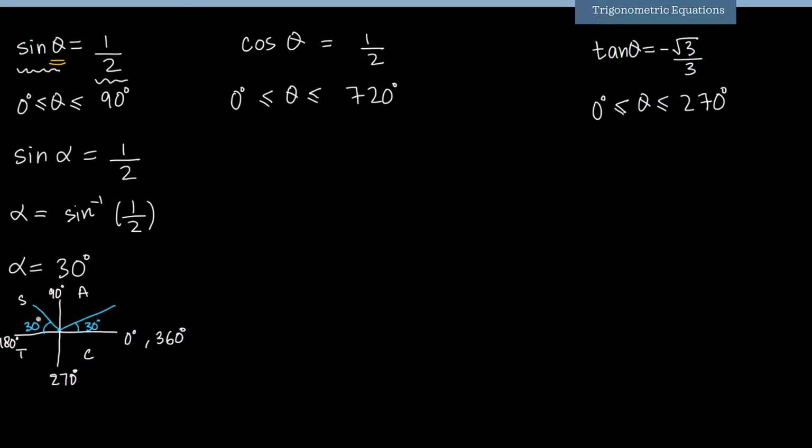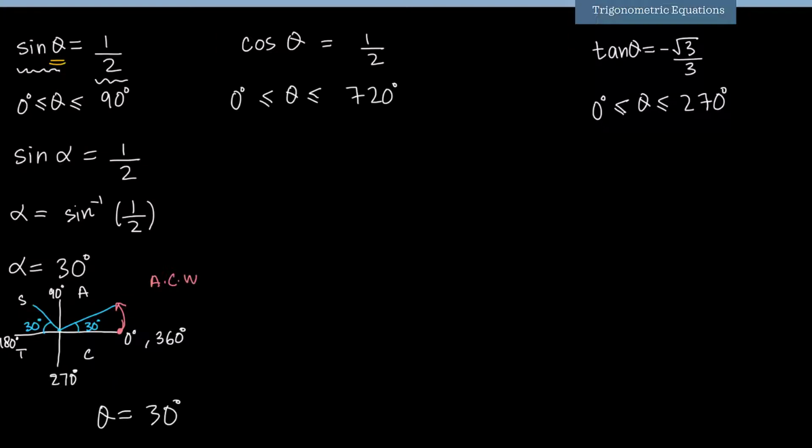So now if I start from 0 degrees and turn anti-clockwise, because I need positive angles, and anti-clockwise is the positive measure of angle, I'll turn anti-clockwise from 0 degrees and go up to my first line. Since this line is equal to the reference angle, my first angle is going to be 30 degrees.